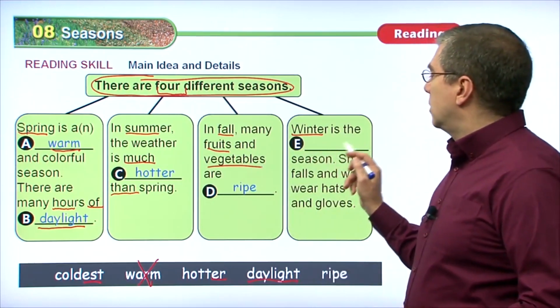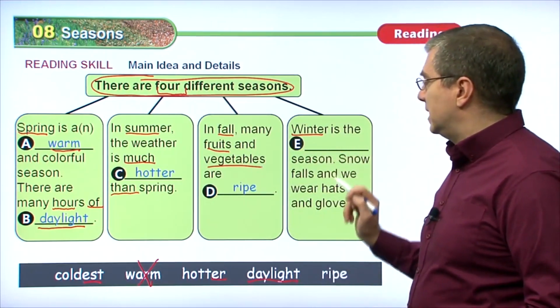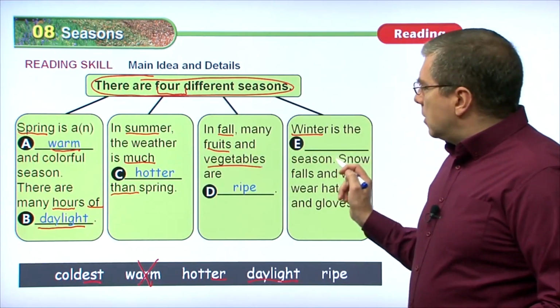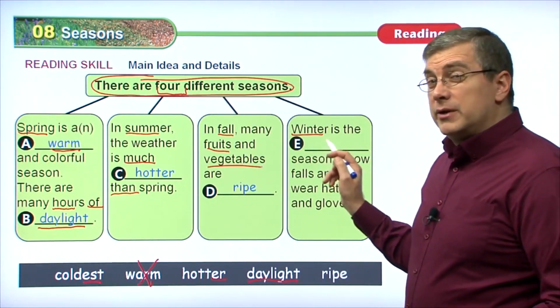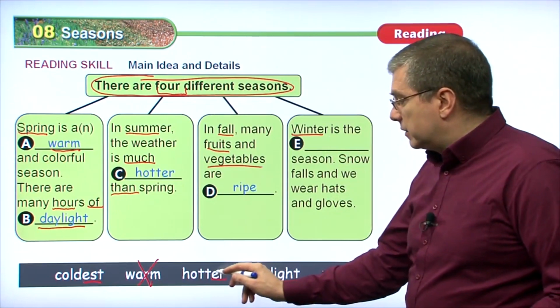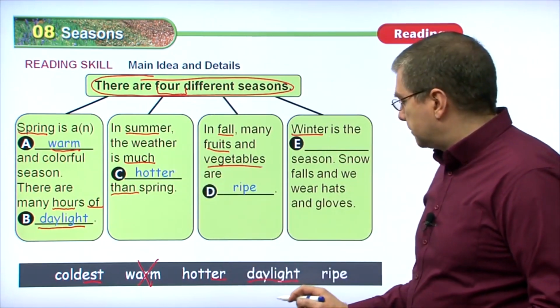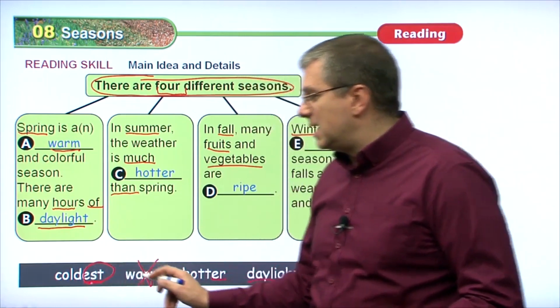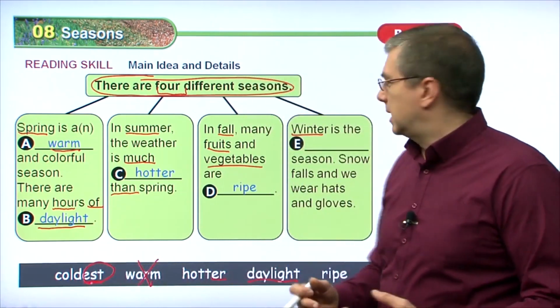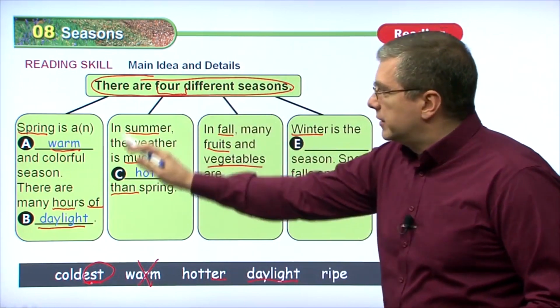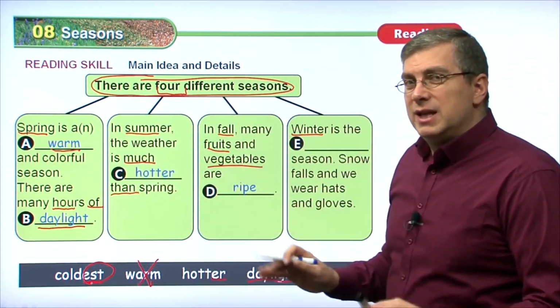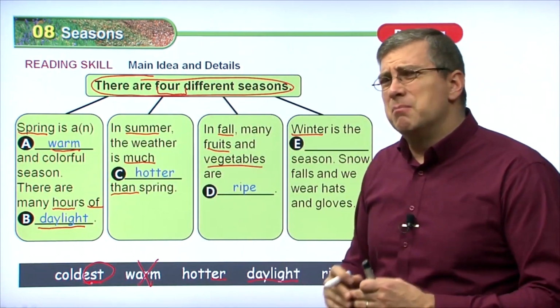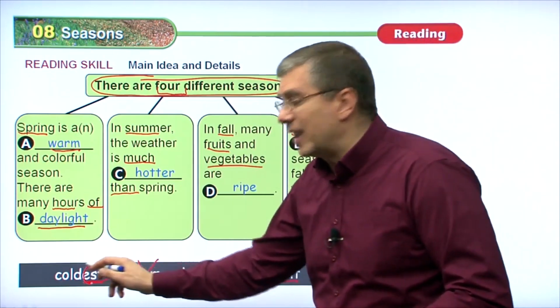Okay, let's move on to winter. Winter is the blank season. Now here, we're also looking for a comparison word, right? We talked about this. This was a comparison word, but that one up there. This one is also a comparison word. When we have EST, that means like the most, right? Of all the seasons, which season is the most cold? But do we say most cold? No, we say coldest.